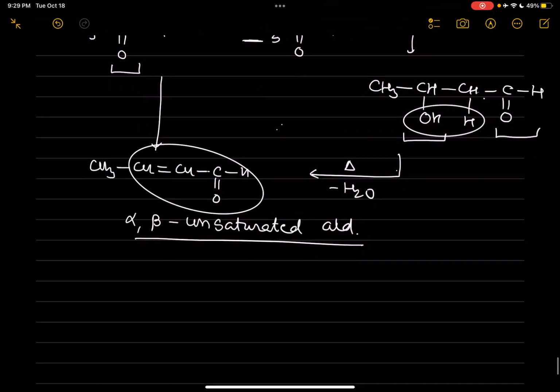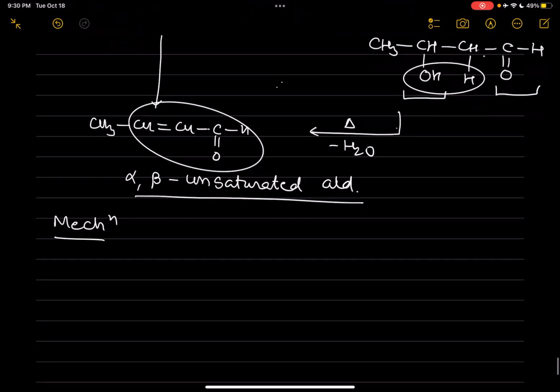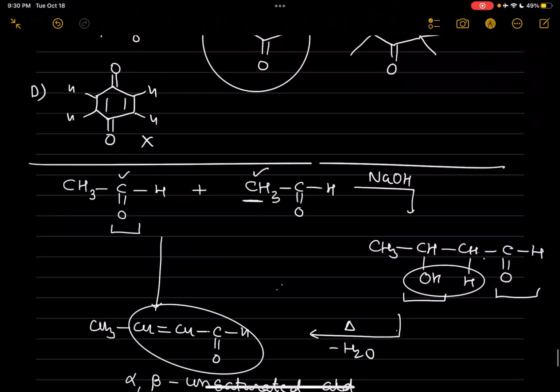And what's the mechanism for it? How does it happen? You need to know the mechanism also. So you have taken a base. This happens in the presence of dilute base.